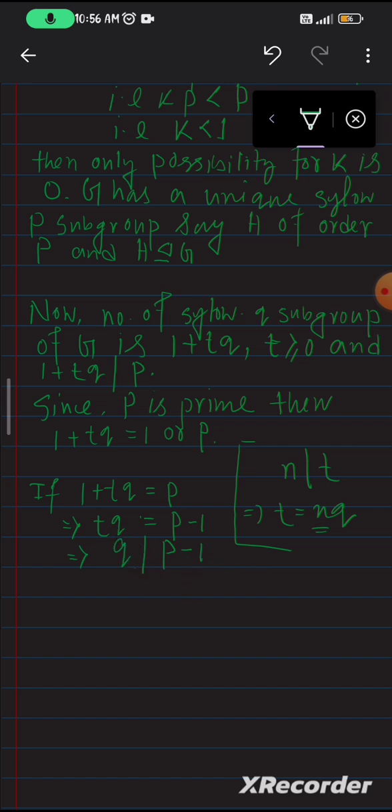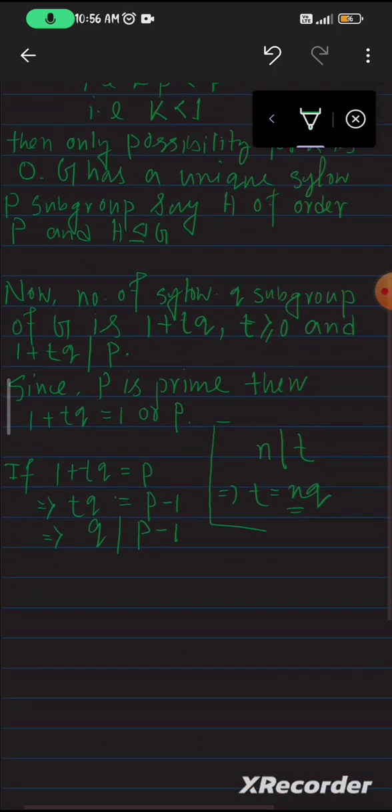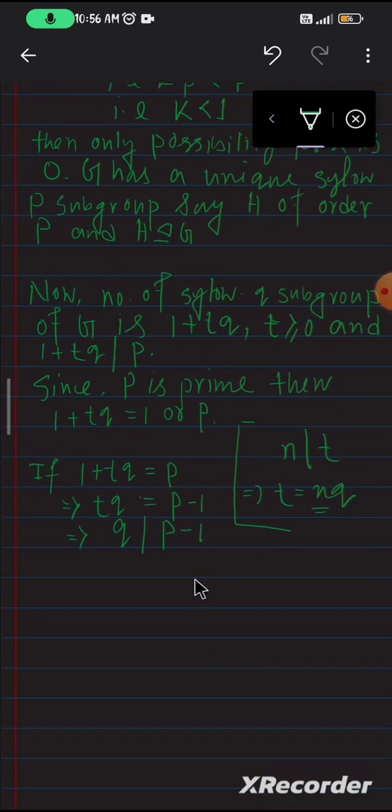But given that Q does not divide P minus 1, which is a contradiction. So we find a contradiction. Then the only possibility remains.